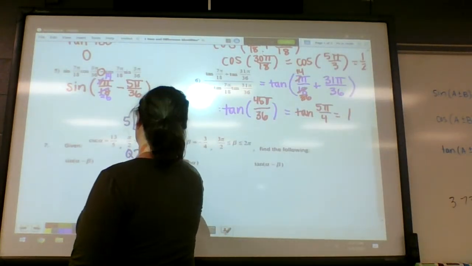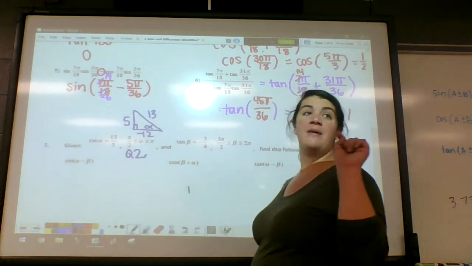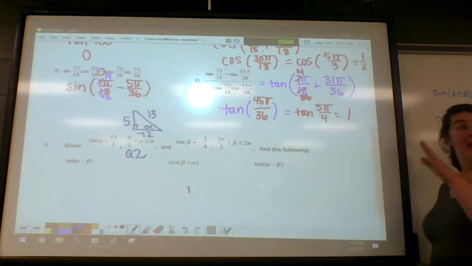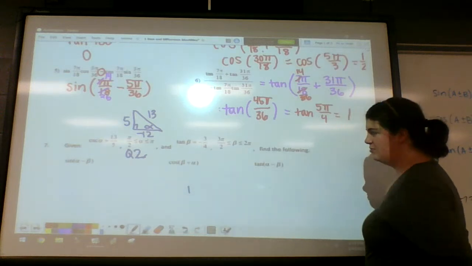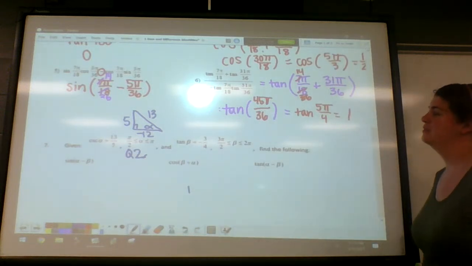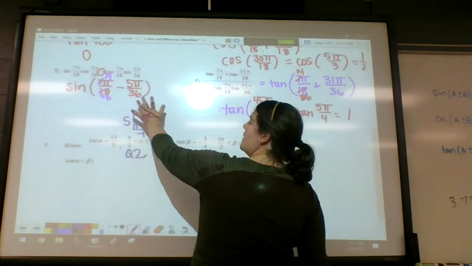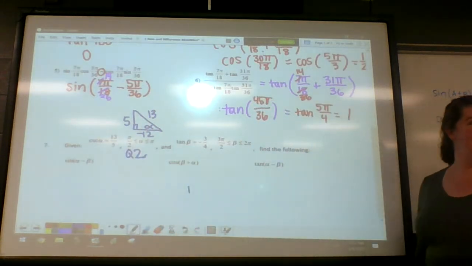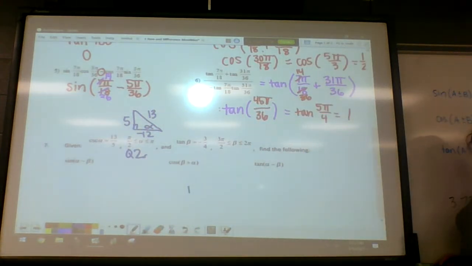And by the way, since we're in Q2, technically that 12 is a negative x. So here's all the information you need to know about alpha. Could you find sine of alpha? Cosine of alpha? Tangent of alpha? The other three of alpha? Yeah, you can find all the alpha trig functions now, right?